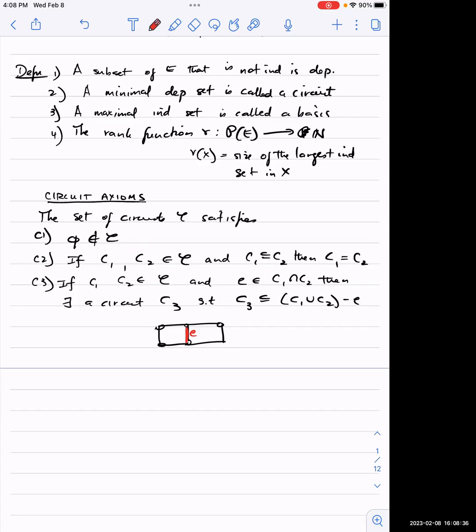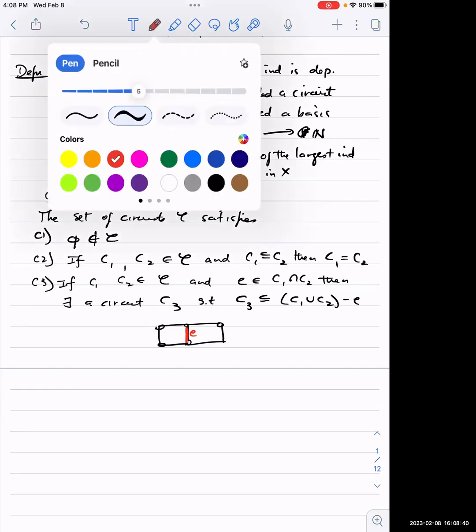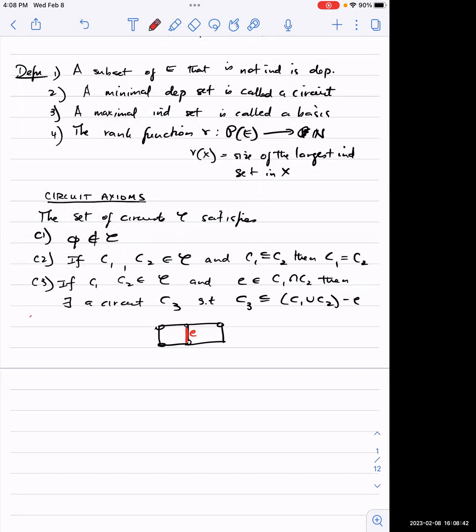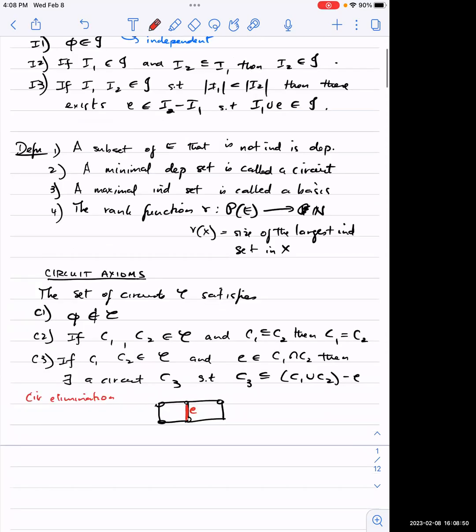And this is called the circuit elimination axiom. So you just sort of call it this: circuit elimination, and this is the independence augmentation axiom.